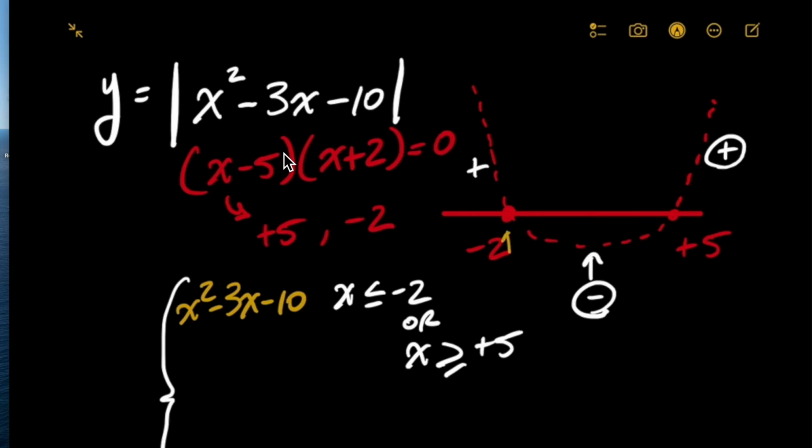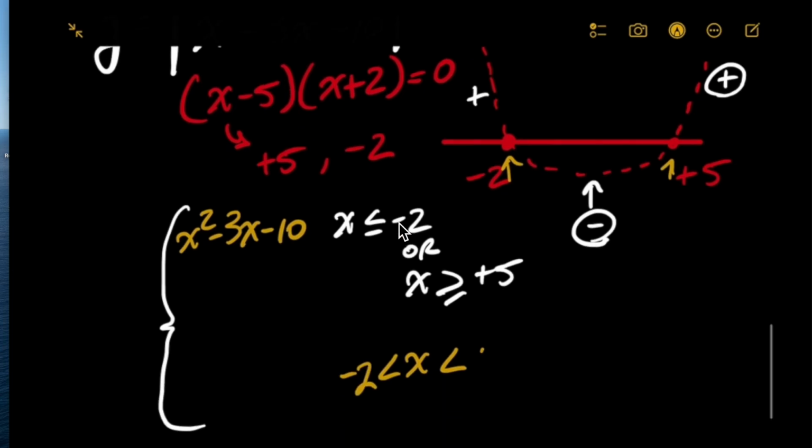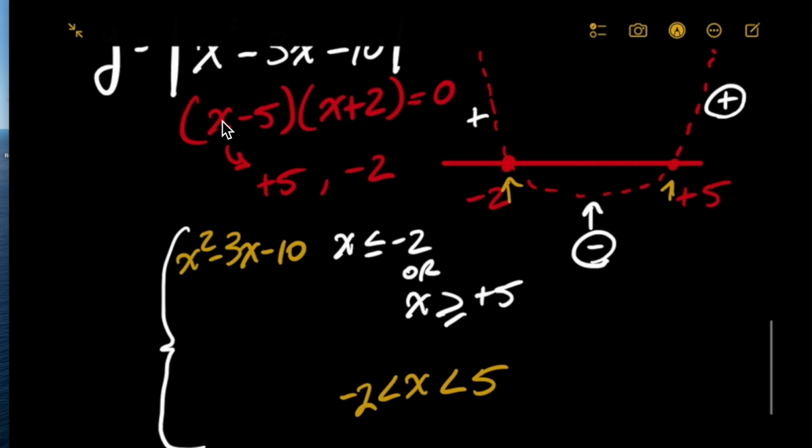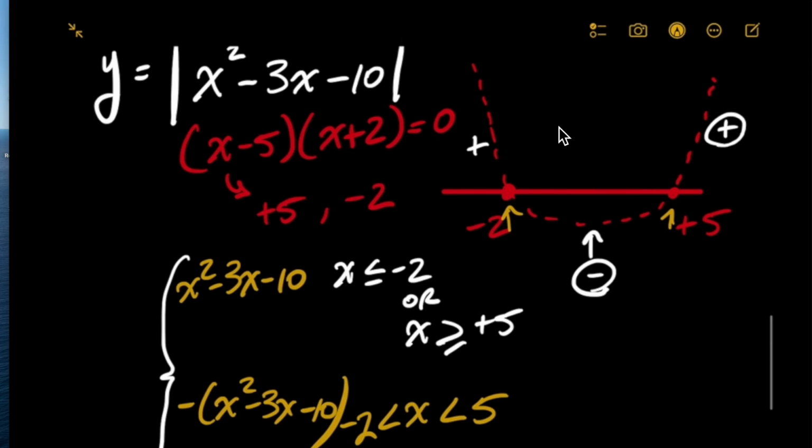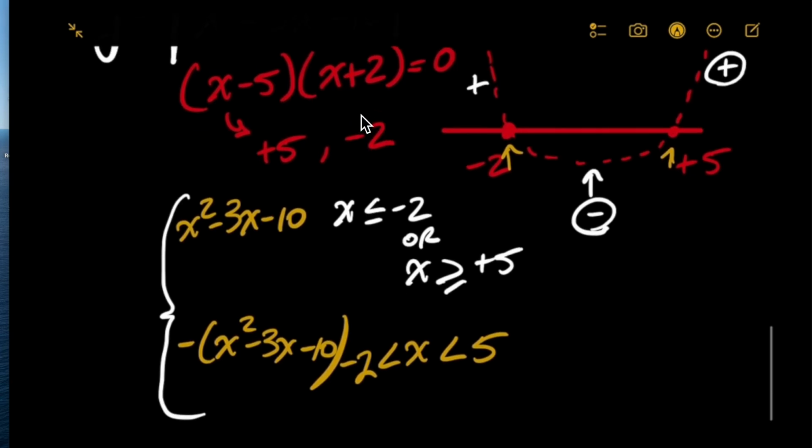For this region, when x is between 5 and -2, because this portion of the graph will be negative, we're going to use the opposite of the original function. And that is our piecewise function. Now, in case this graph doesn't occur to you, I'm going to show you how to do this algebraically.